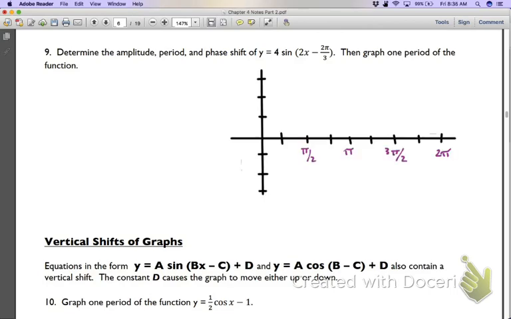All right, so let's do it again. Let's go one step at a time. So we have 4 sine of 2x minus 2 pi over 3.